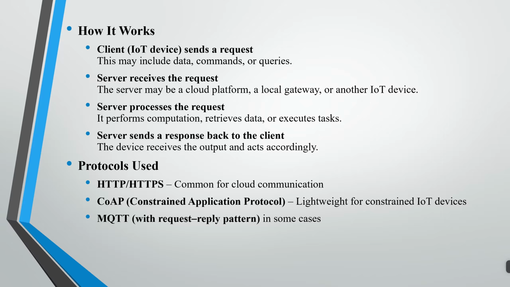Suppose somebody is stealing my car and my IoT client system is sending request data to my server, and I could send a command to stop the car. So the client can also send a command. In the case of the irrigation system, the client is sending a command to switch on the motor, switch on the pump.